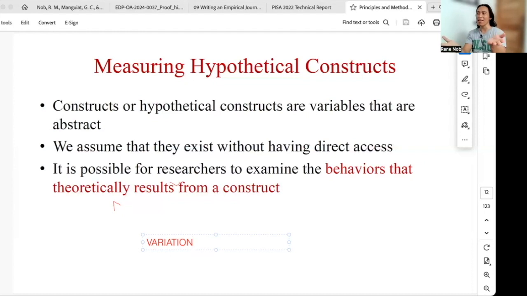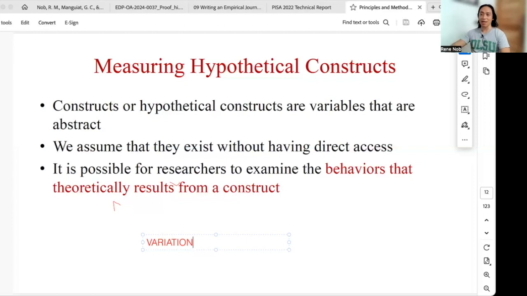But what is it that makes this person behave intelligently and this person behave in an unintelligent manner? And this observed variation is probably the impetus for us to think that there must be something within individuals that determines this variation.